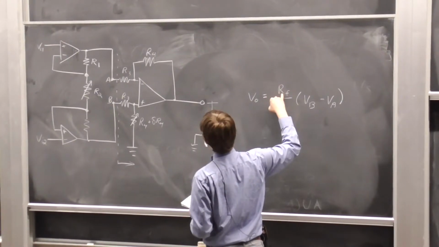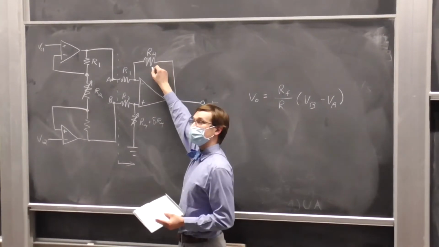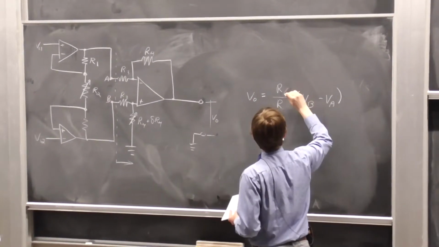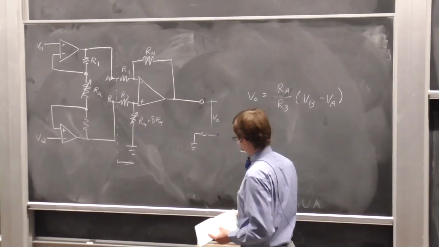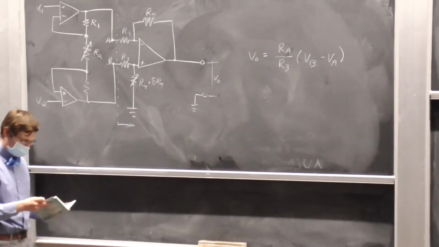Now, pulling in our previous example, this was RF and this was R, right? So, R4, R3. Good. So far, so good.